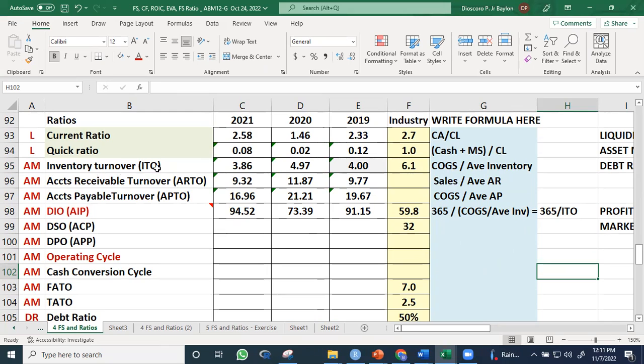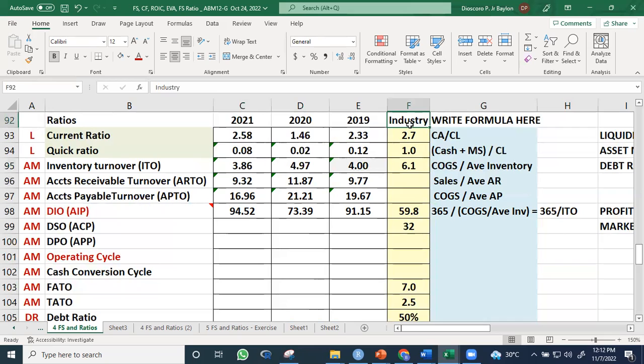Kanina, we looked at ITO. And we said that yung ITO, the bigger the better. Kasi ang tawag dito guys, yung velocity or the speed by which the company is able to churn sales. So yung velocity ng sales ni direct competitor ni 6.1 is higher than that of the company.